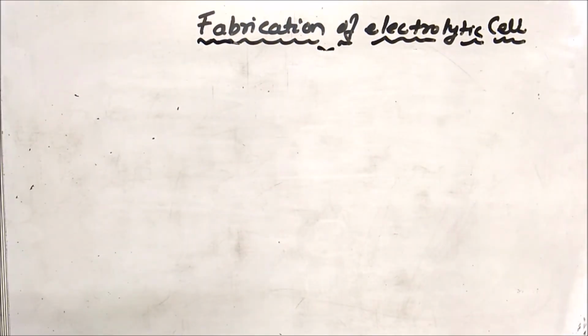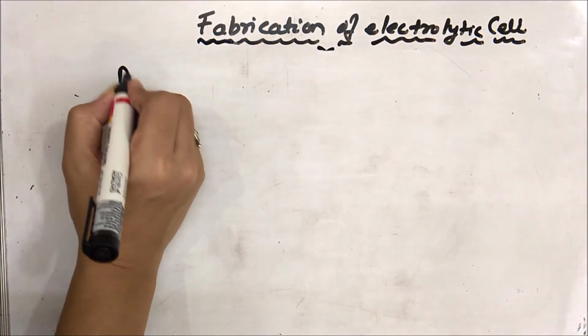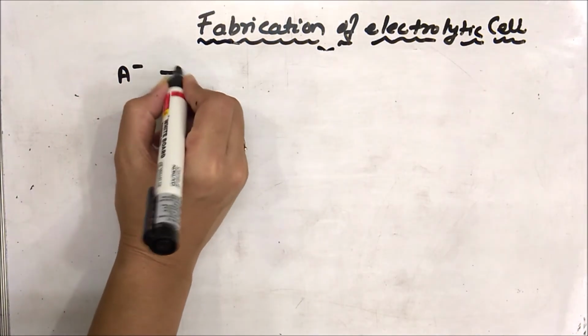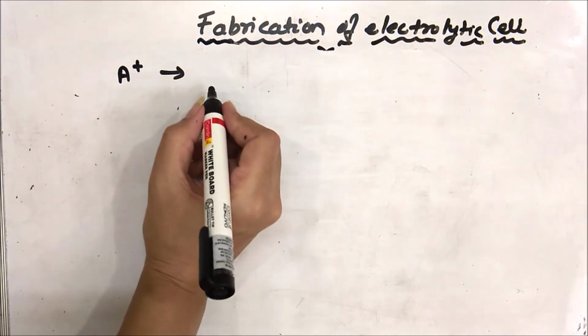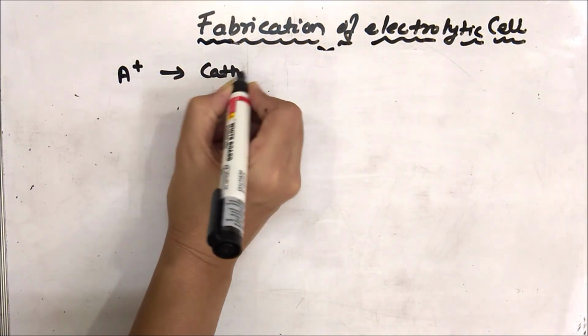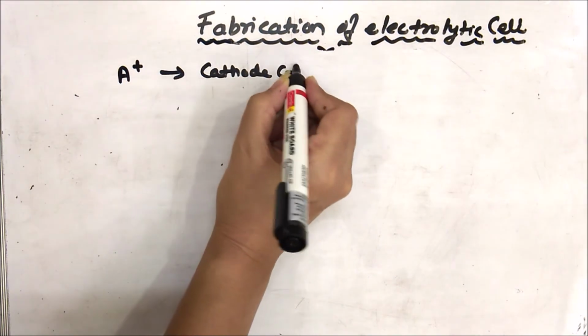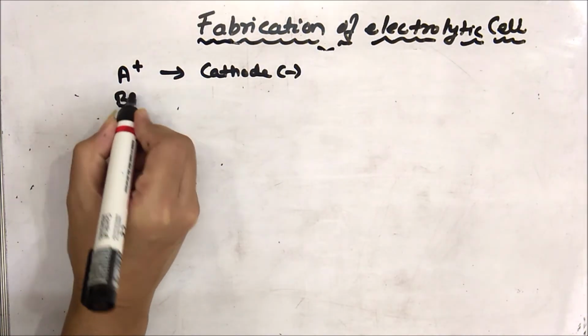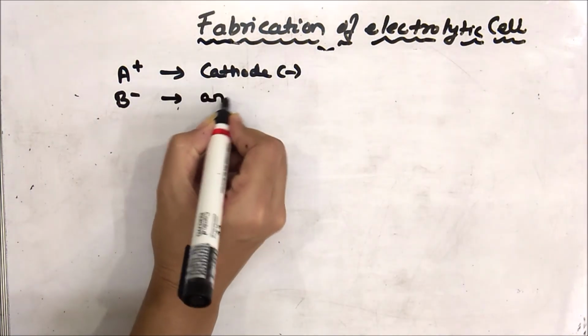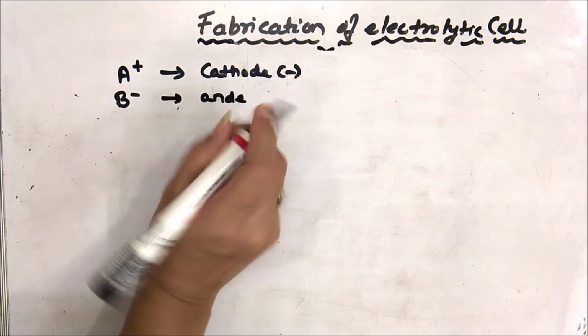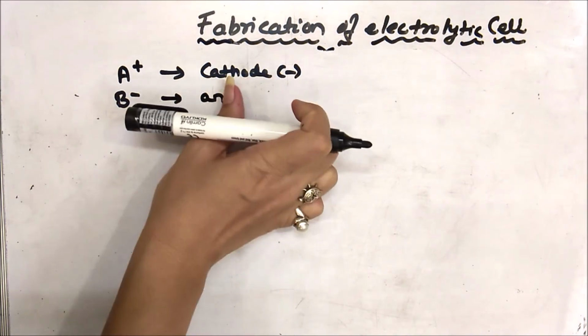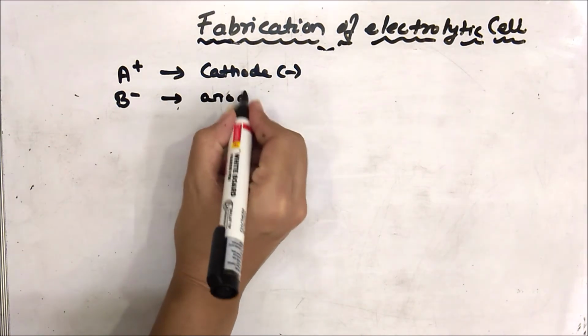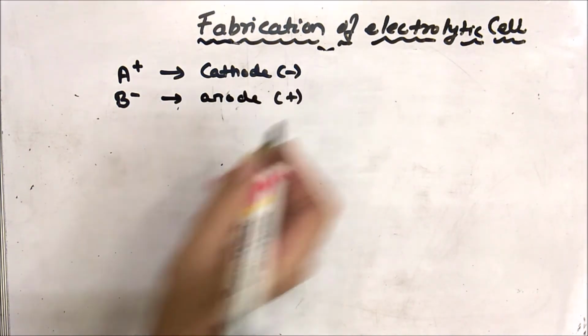Now students, on reaching their respective electrodes, ions lose their charges and become neutral particles. Okay, I have told you that A positive will move towards the cathode, because the cathode has negative charge, right? And B negative will move towards the anode, because the anode has positive charge, right?